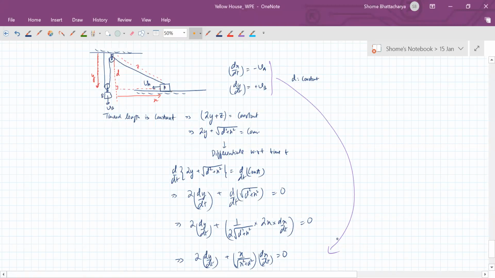Okay, now use this over here, and also use the fact that if this angle is theta, then your x upon root of x square plus d square, nothing but base upon hypotenuse, is cos theta. So you'll use this also.